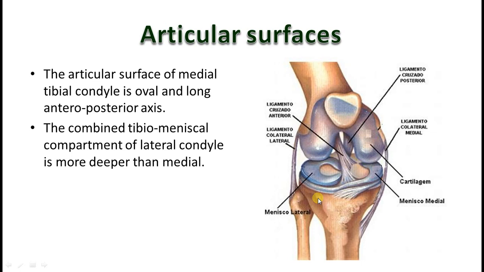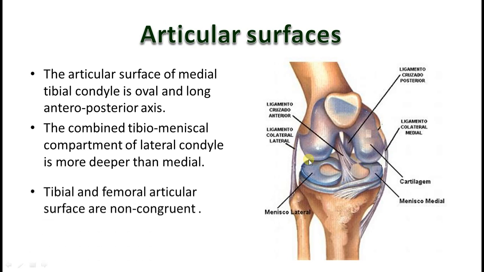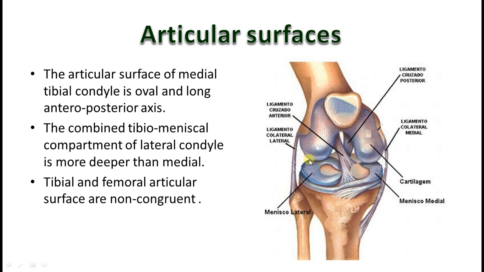If you look at the combined lateral menisco-tibial compartment, it is comparatively deeper than the medial one, because it has to accommodate this massive lateral condyle of the femur. So there is no perfect congruency between the tibial and femoral articular surfaces, like the acetabular cup and the head of the femur, which is more congruent.